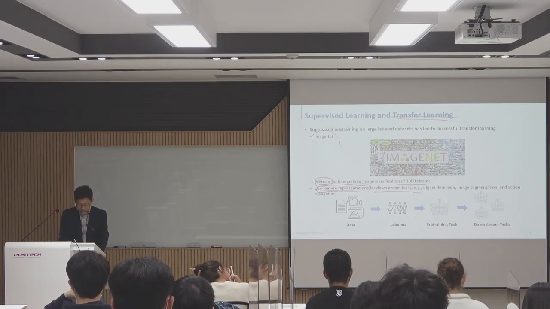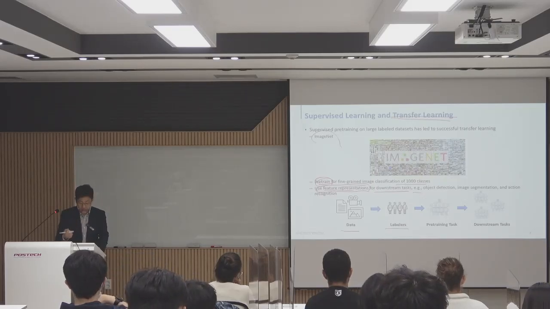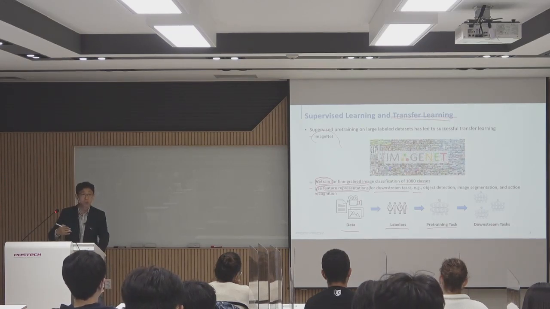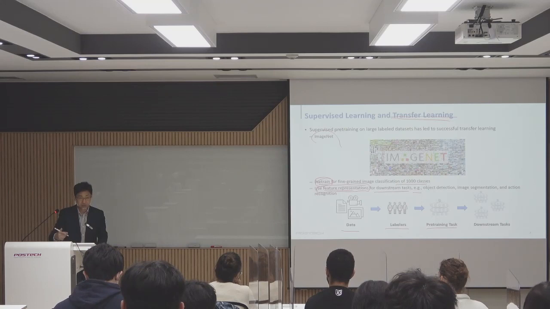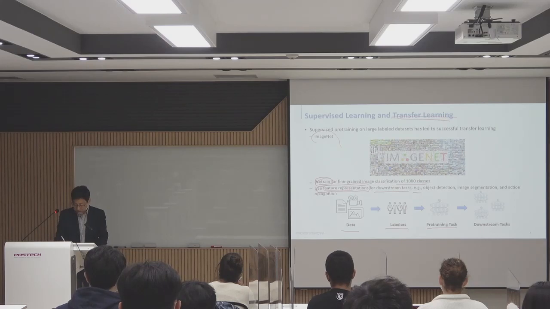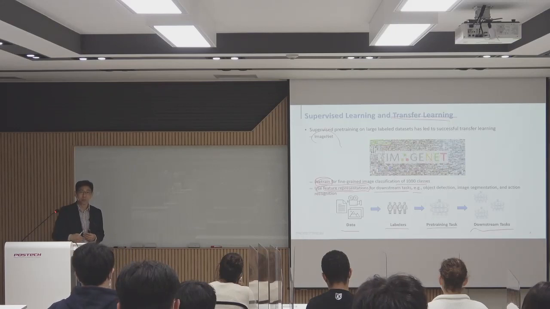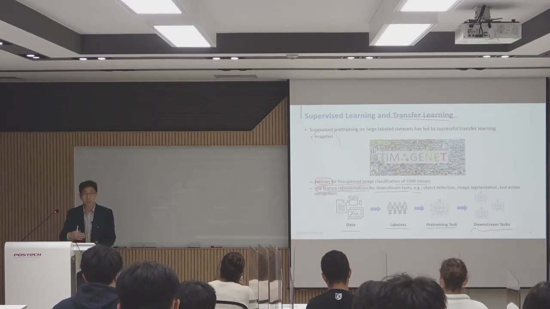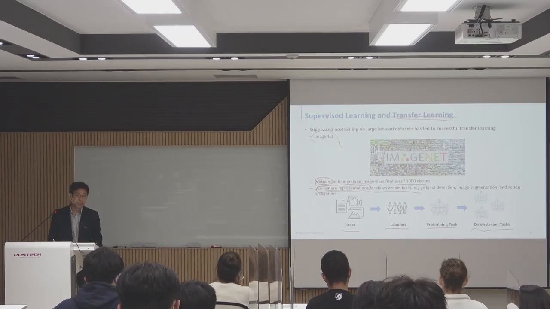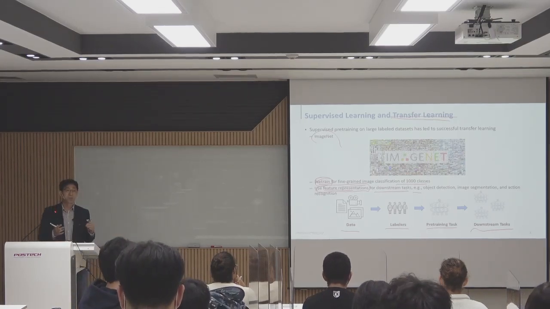So we had a lot of annotations and labels, and we pre-trained the models. Using the pre-trained task, we build up the pre-trained model. Right after that, using the concept of transfer learning, we can conduct a lot of downstream tasks. That's a typical approach, especially when you have a small data set.